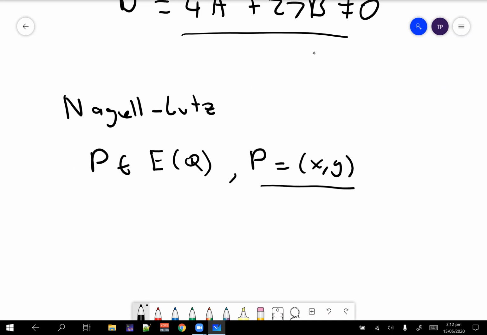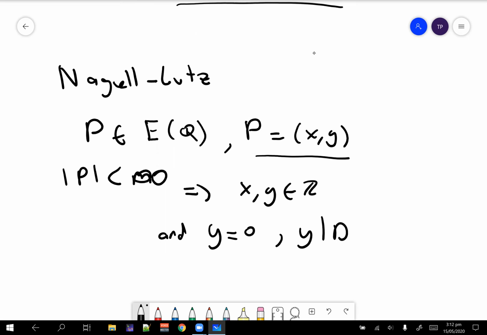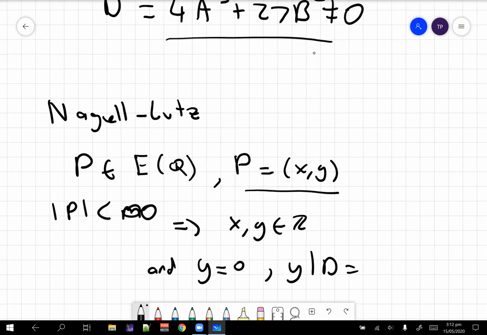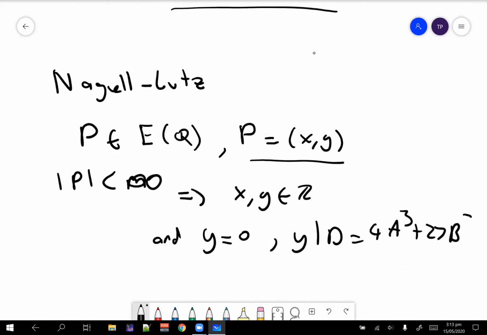If it has finite order, so if order of P was less than infinity, then this means that both x and y are integers, and either y equals 0 or y divides the discriminant given by 4a cubed plus 27b squared.